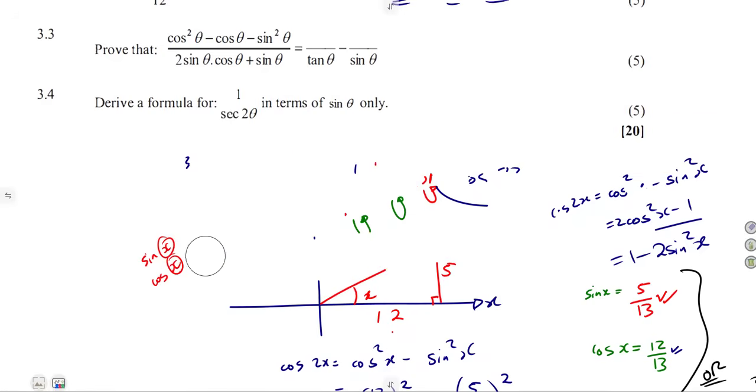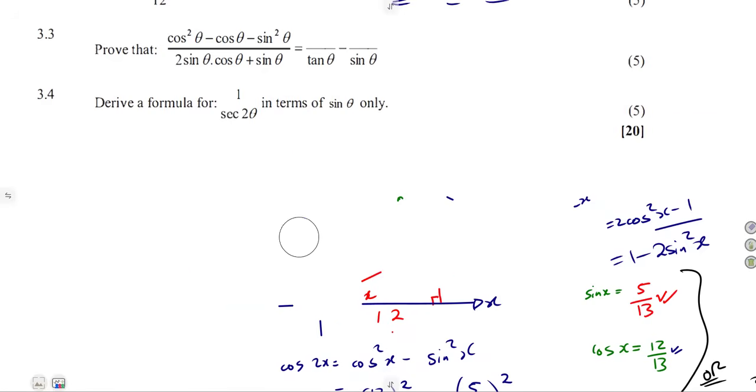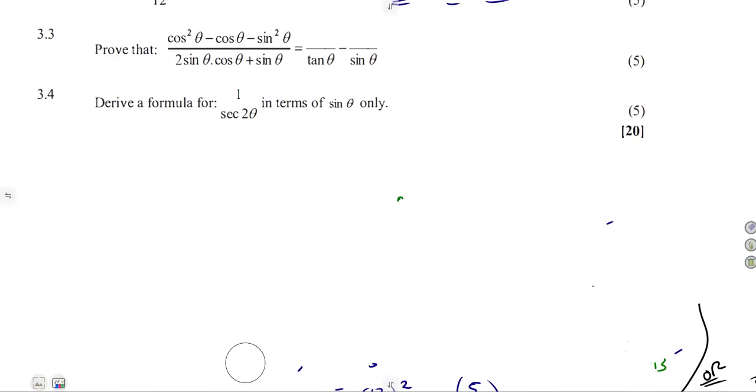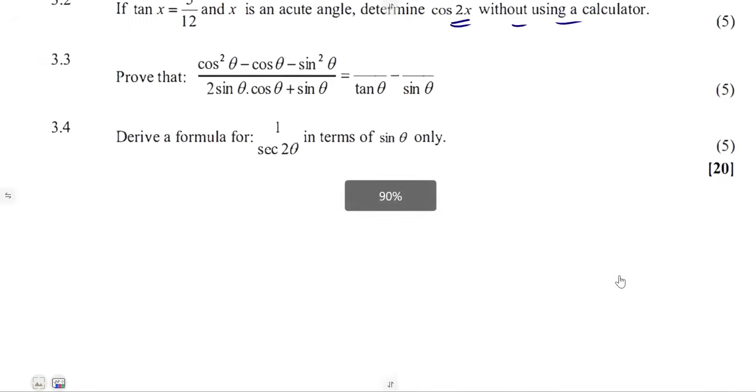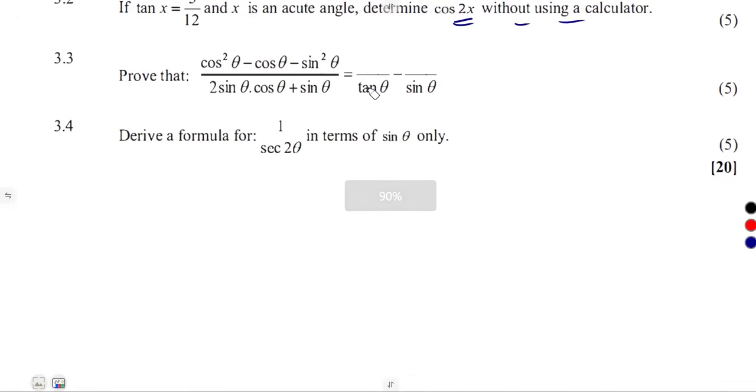It was to prove. All right. So here it is supposed to be 1 over tan minus 1 over sine on the right hand side. For how many marks? 5 marks. Okay, let's figure out. This is 1, this is 1. So I'm going to take the left hand side of our equation.